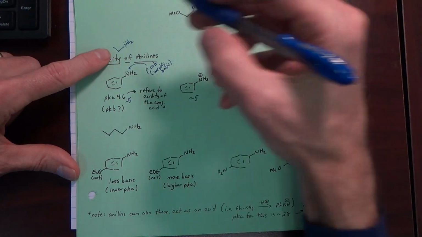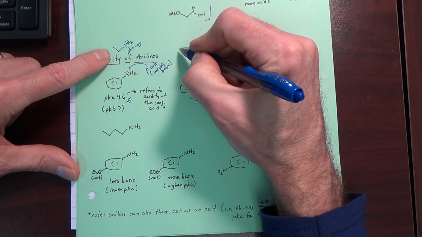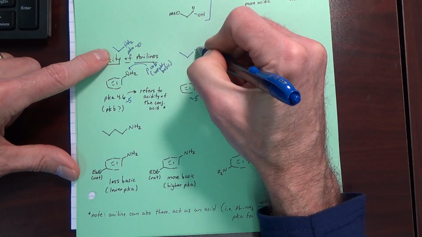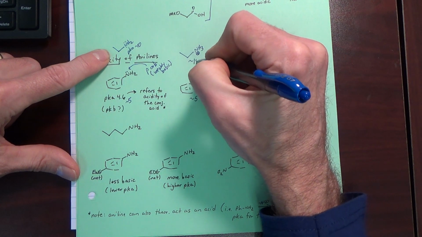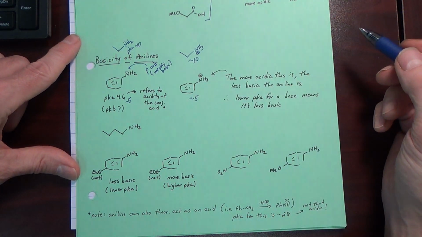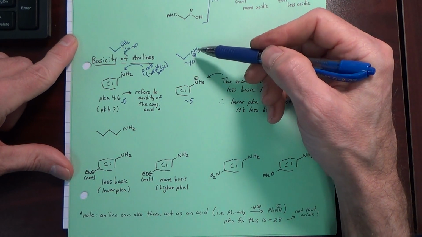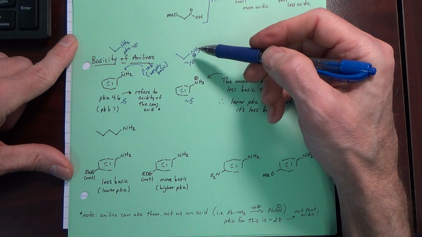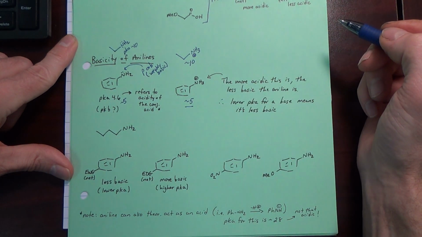Where a regular amine has a pKa of about 10, and that refers to actually the conjugate acid. If you look at these, which one's more acidic? Well, the one with the lower pKa.